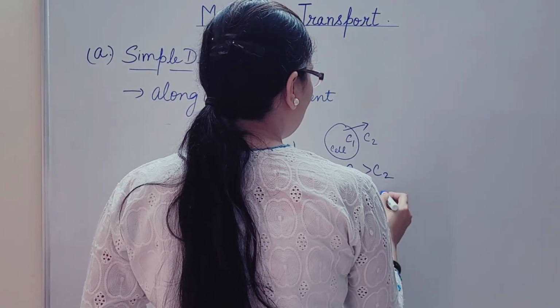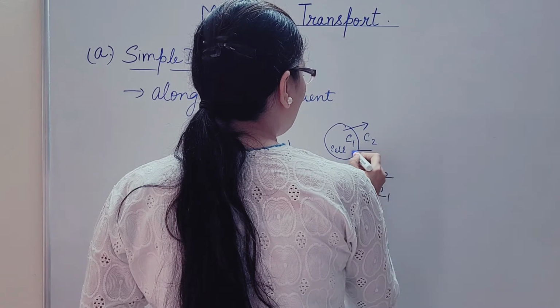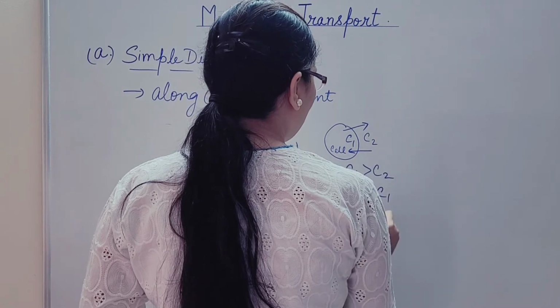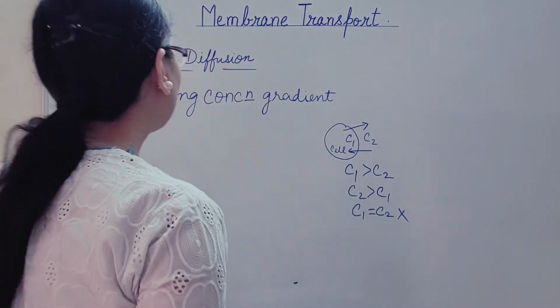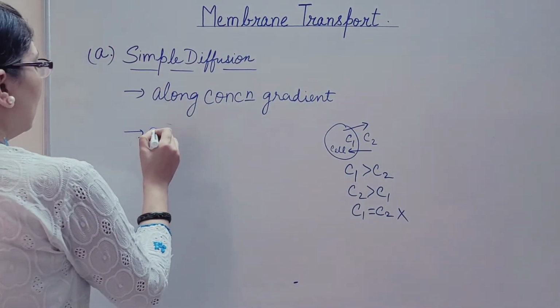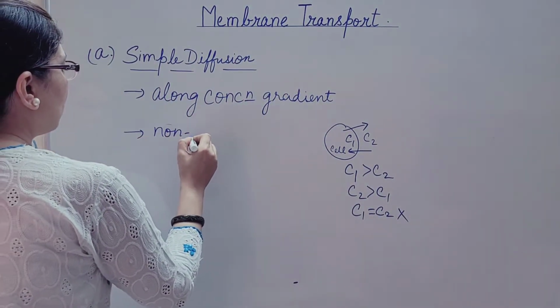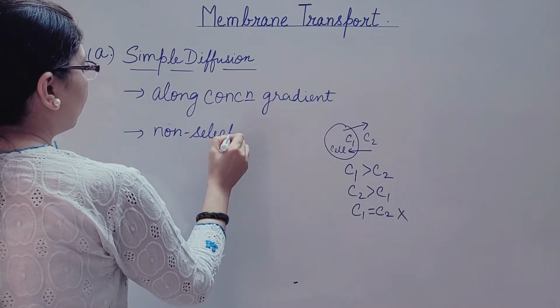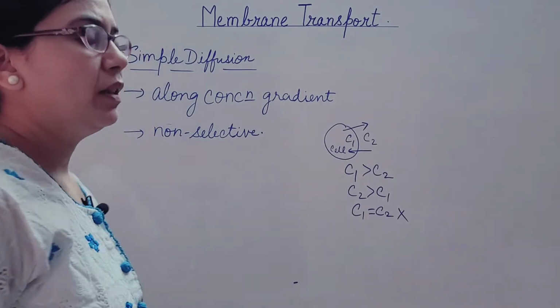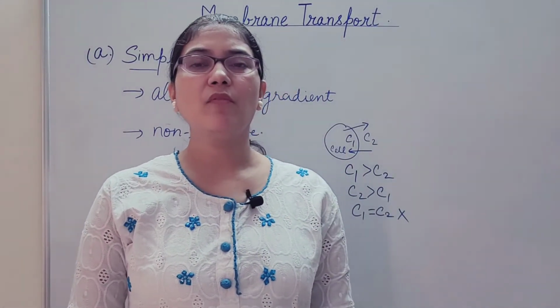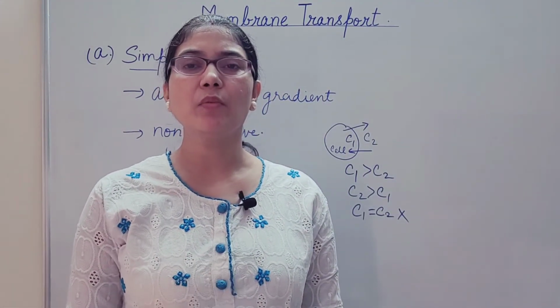If C2 is greater than C1, then the diffusion occurs from outside to the cell. And if C1 equals C2, then diffusion does not occur. It is a non-selective process. Any molecule that dissolves in the phospholipid bilayer diffuses through it.